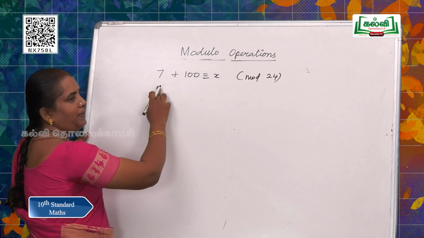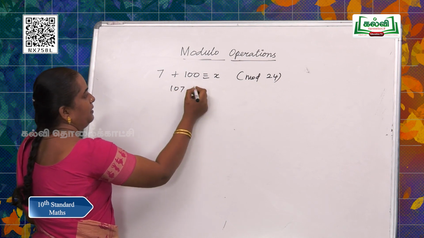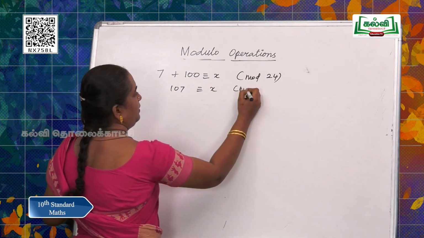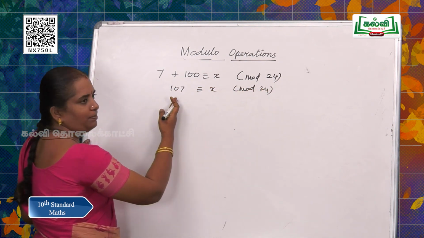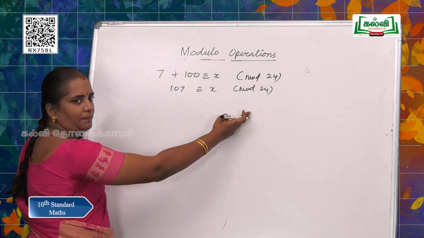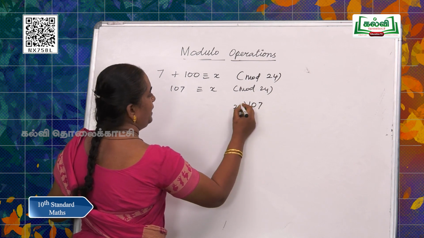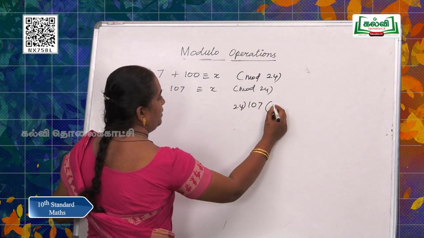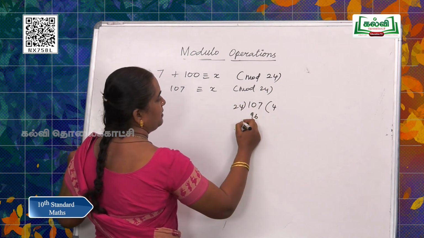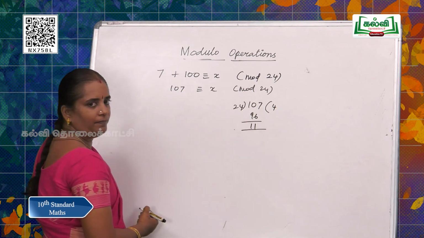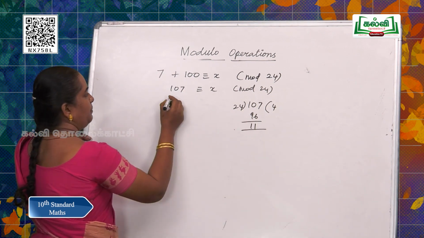See, 100 plus 7 is 107, congruent to x mod 24. This is very simple. You are going to divide by 24 and get the remainder, that is it. So, 107 divided by 24. So, 24, 4s are 96, 11 is the remainder. So, divide and see, 11 is the remainder.